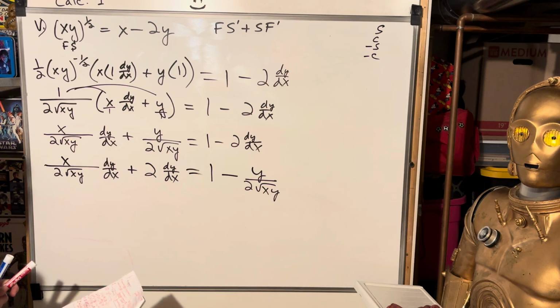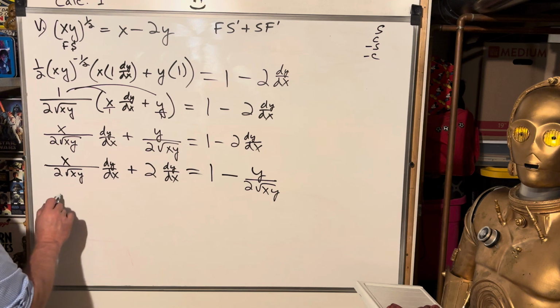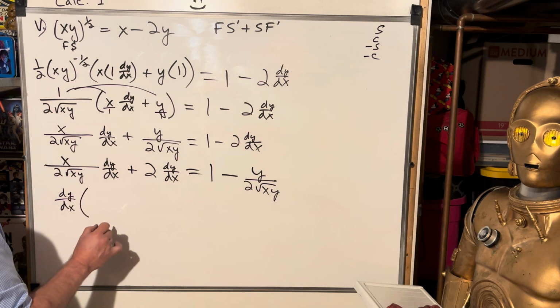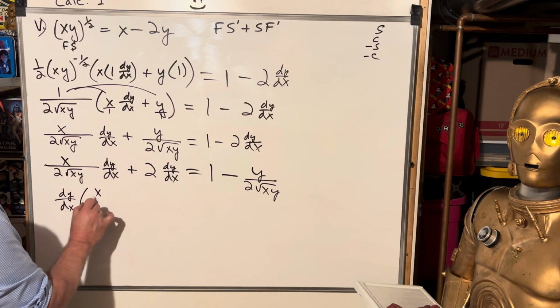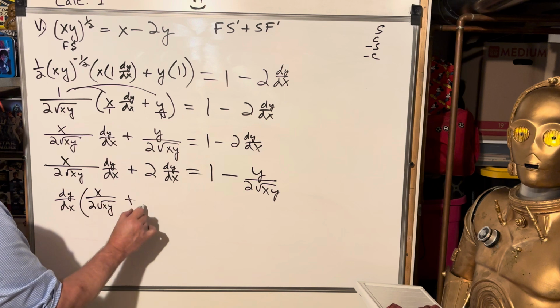Okie dokie artichoke. And now let's factor out the dy dx. And then we're left with x over 2 square roots of xy plus 2.